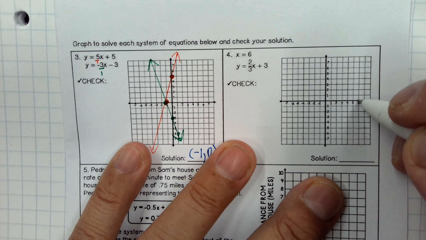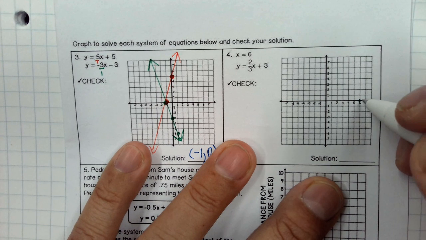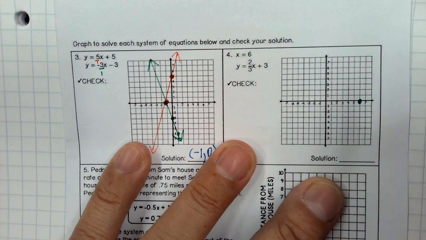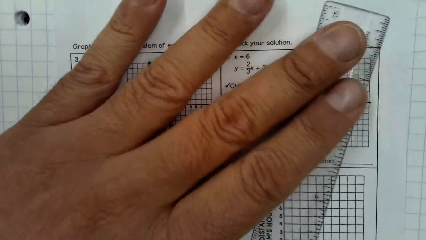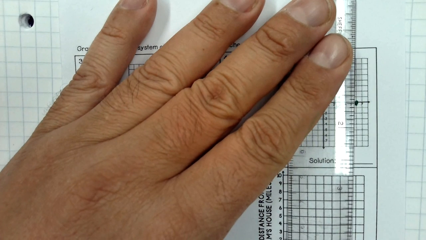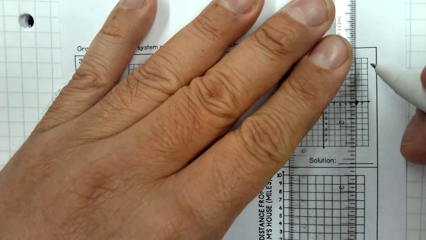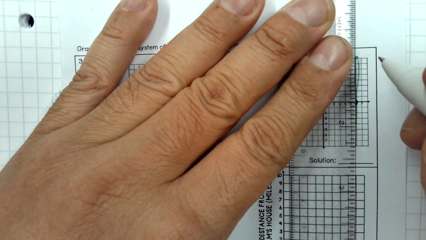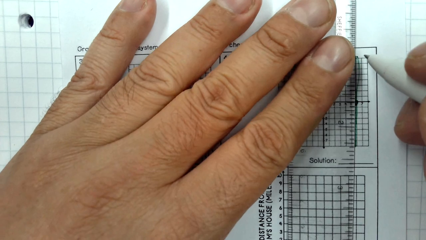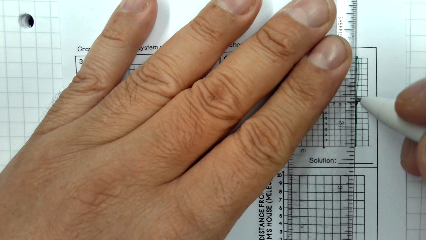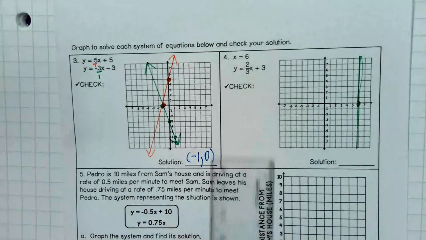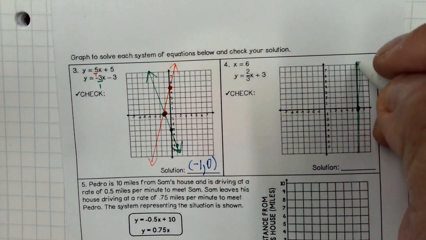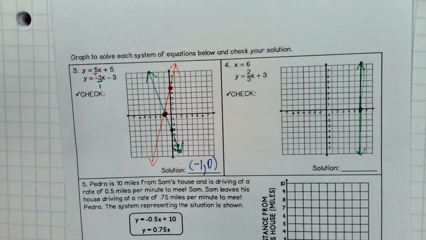And right here, this is going to go straight up and down through there. This is going to be a vertical line, like so, through 6. So here's x equals 6.